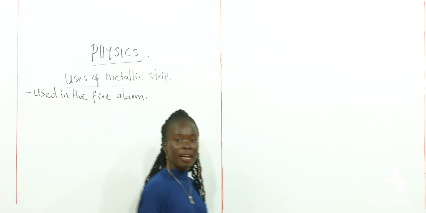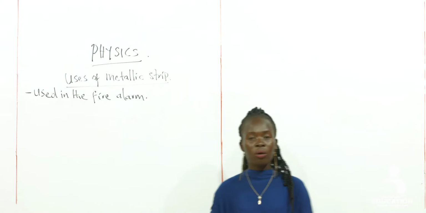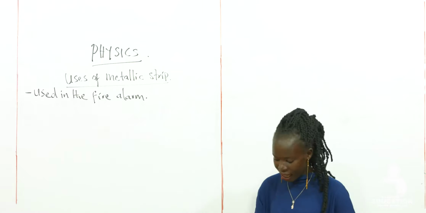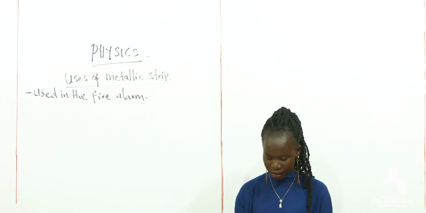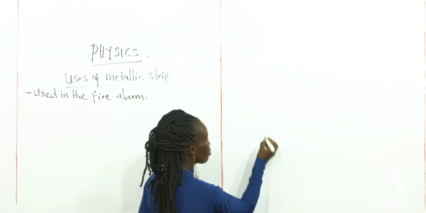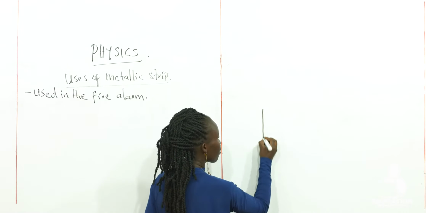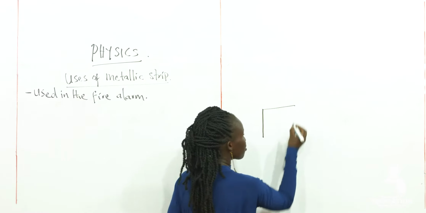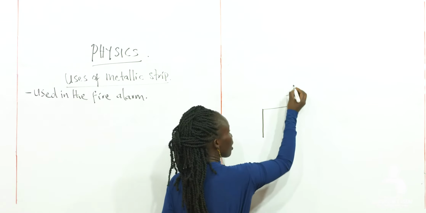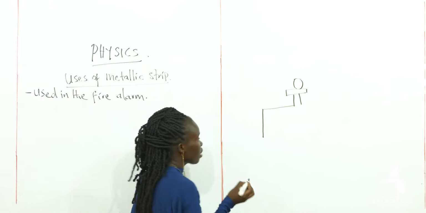So you see that fire alarms, some of them are automatic. Why? Because of the existence of the bimetallic strip in the alarm. So let's take a simple look at the alarm. Let's see how this strip is actually being fitted in the alarm. So if we have our socket, our circuit, we assume that is our alarm.